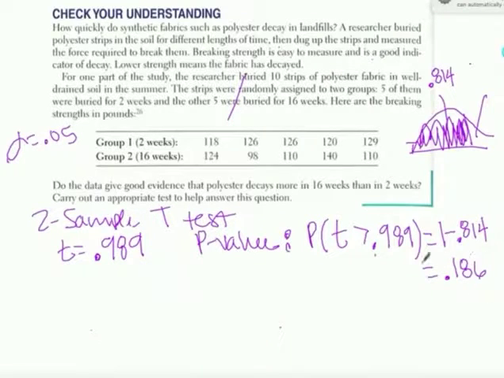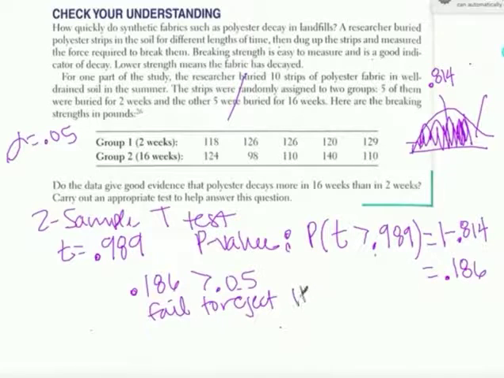And so you're going to compare your p-value to that 0.05. So because your p-value 0.186 is greater than 0.05, then you would fail to reject your null hypothesis.